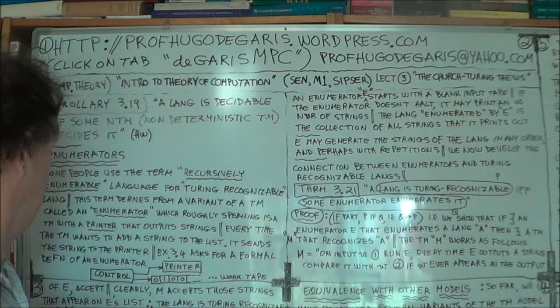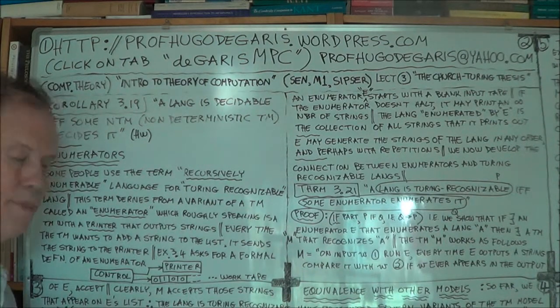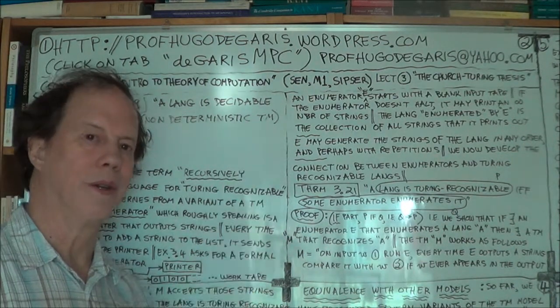Therefore, clearly M accepts those strings that appear on E's printed list.